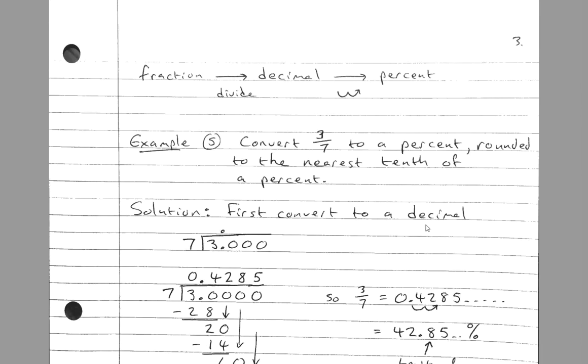First, convert it to a decimal. So it's 3.0 divided by 7, and the decimal points line up because we're dividing by a whole number. At the start, we don't know how many zeros we need.